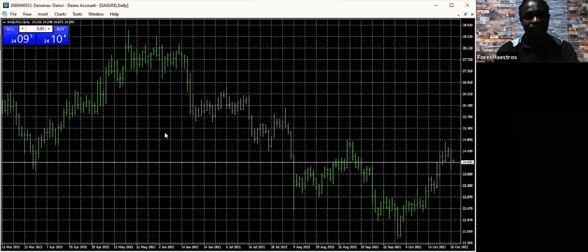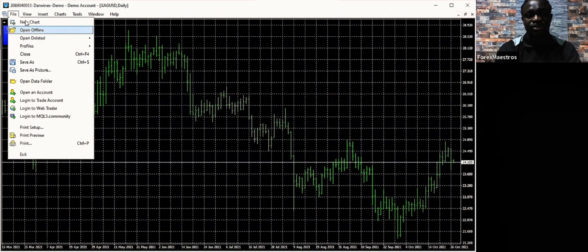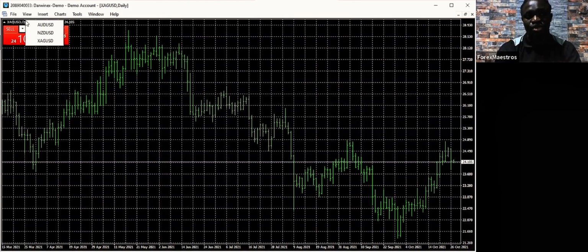So what you see here is the chart of this asset. If you want to open another chart, I just go to new chart, and you can see AUD USD, NZD USD, and others. AUD USD is simply the Australian dollar versus the US dollar. NZD USD is the New Zealand dollar versus the US dollar. So let me just open.